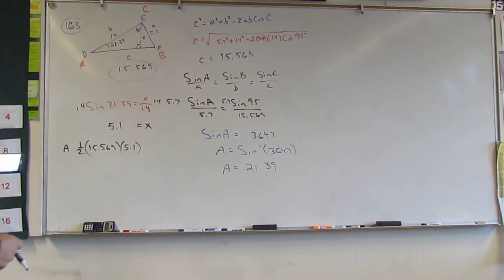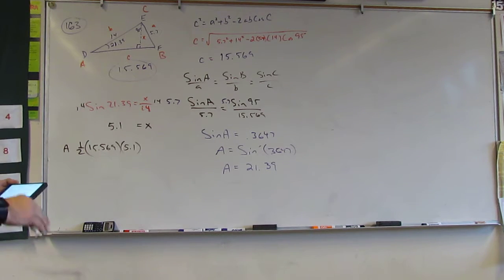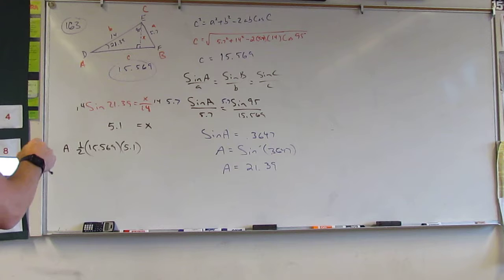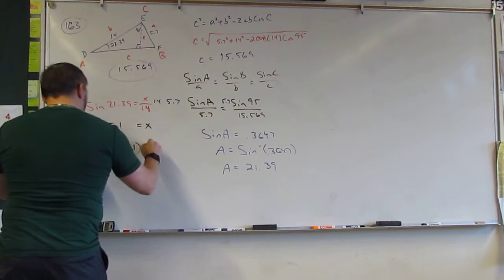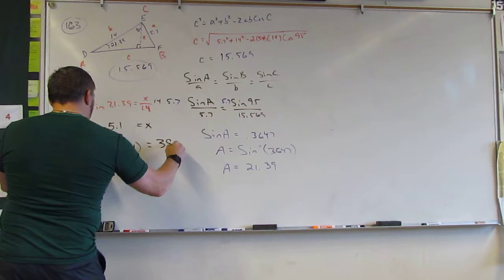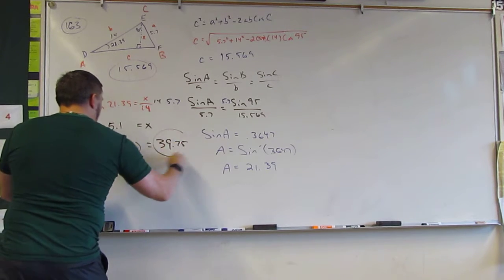So then I'll take that, times that by 0.5, and then times that by the 15.569, and I come up with 39.75.